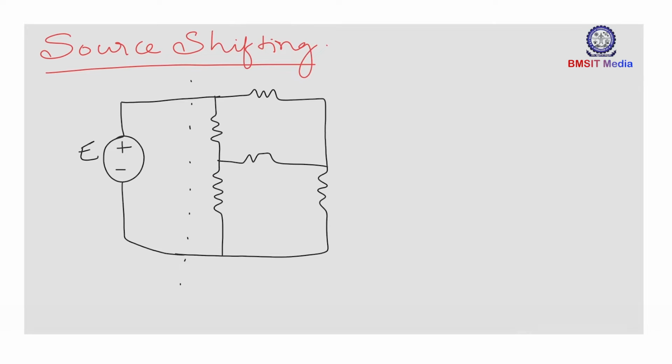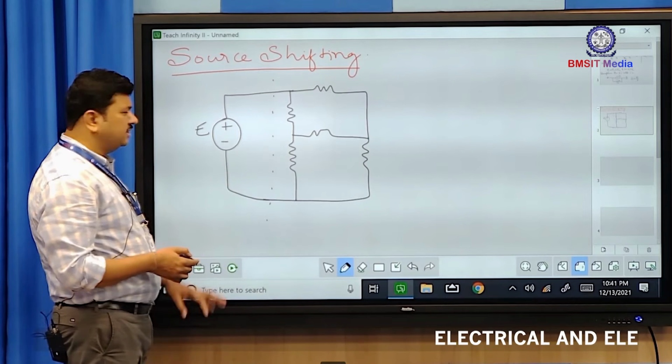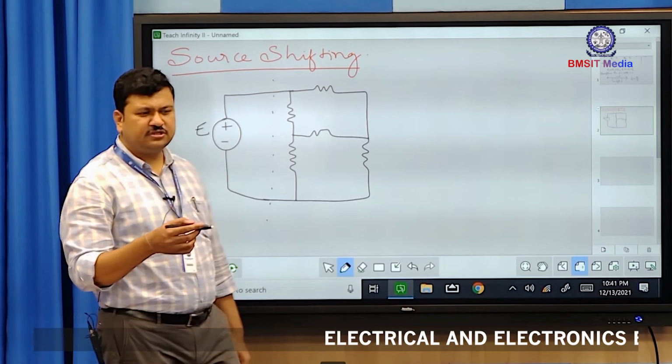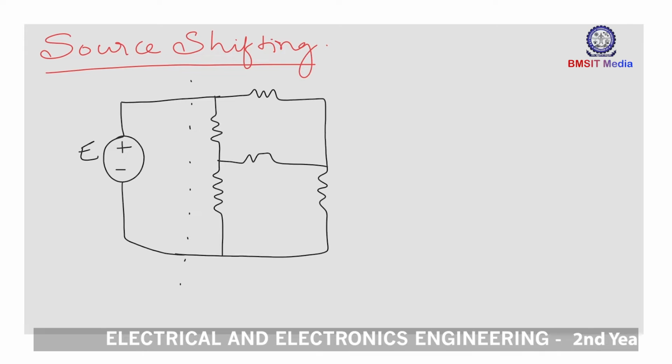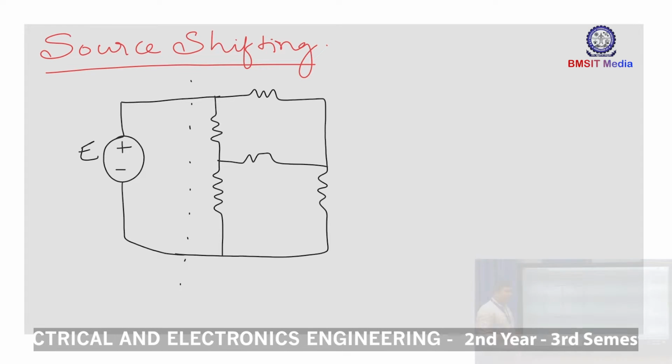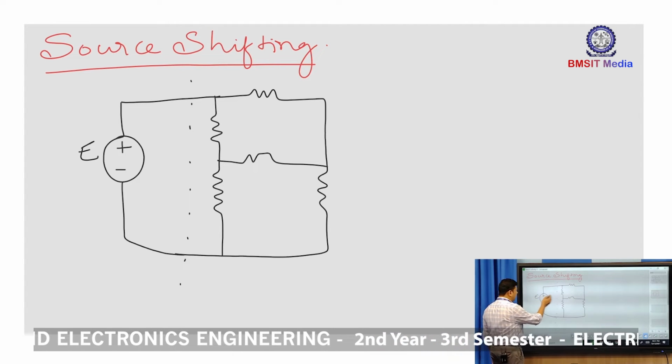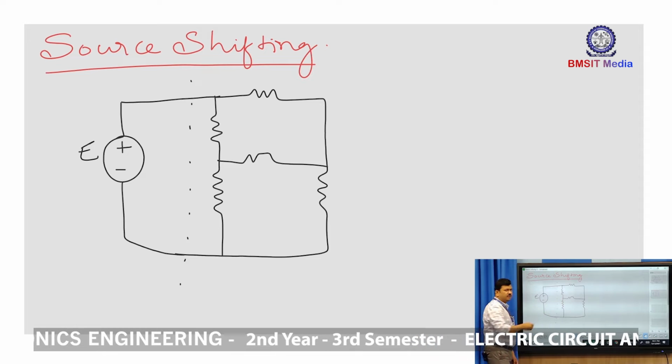Then I take the equivalent resistance which comes in series with this E, then I can represent this with the equivalent current source or equivalent voltage source. But in the first place I cannot take the source transformation directly by looking into the circuit orientation.